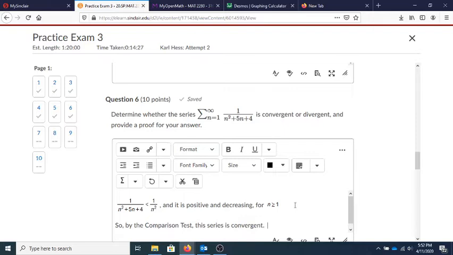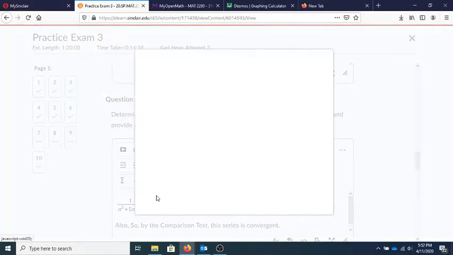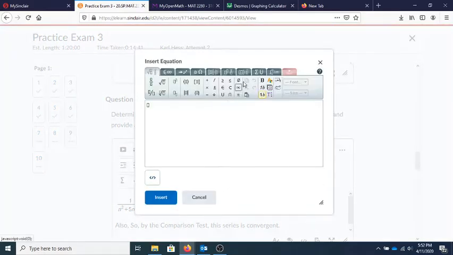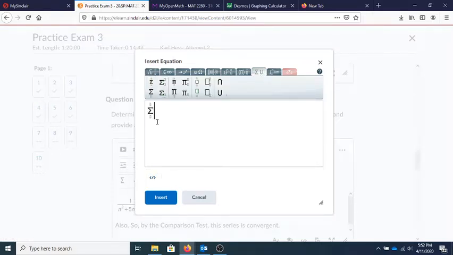Did I leave anything out? Oh yes. We'll just slip this in. Also, I need my equation editor. I think I want to do a sigma symbol. There's a tab just for sigmas. So also the sum where n goes from 1 up to infinity.